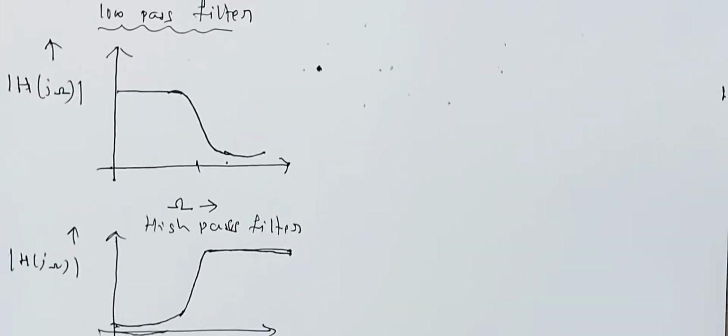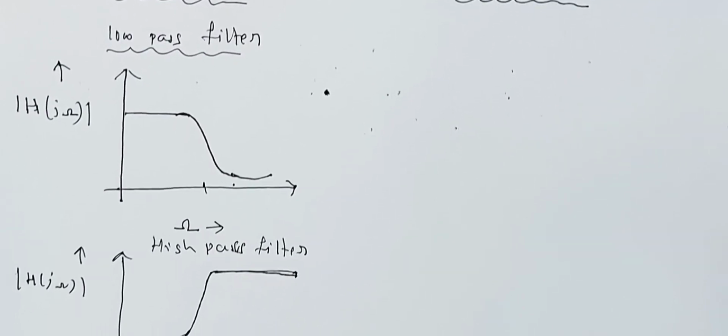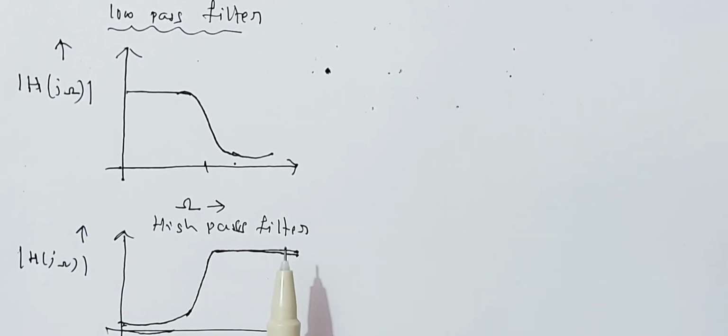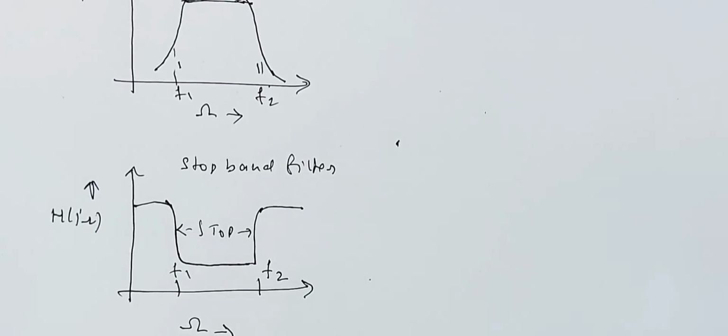Thus, from these four figures, we can say how the filters are classified. The filters are classified by their magnitude frequency response, that is, by plotting magnitude along y-axis and frequency along x-axis. You can classify the filter as low pass filter, high pass filter, band pass filter, and band stop filter.